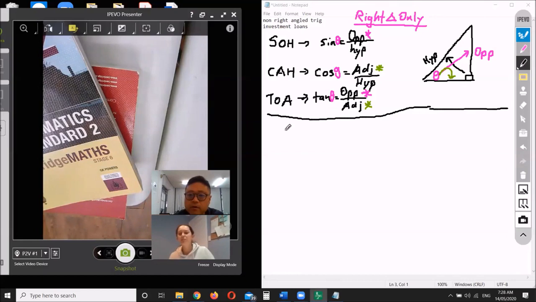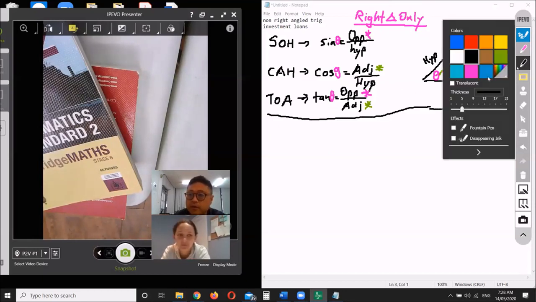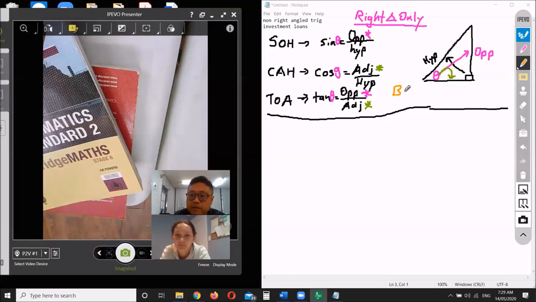Oh, this uses bearings too, doesn't it? Yes, bearings. We definitely have to go over that too. So we'll use this in other ways, which are bearings and elevation, and depression.